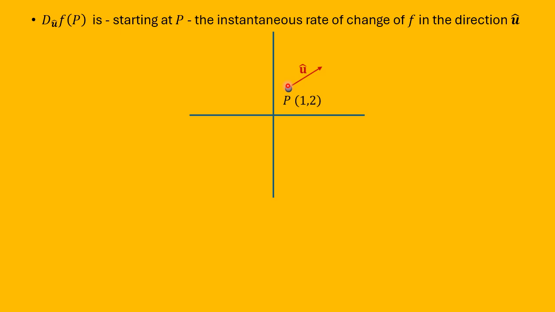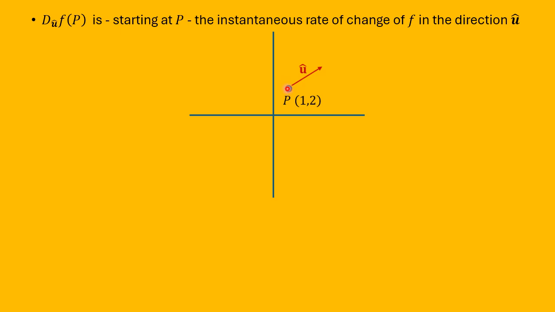And u hat is a unit vector which specifies this direction. So if you want to know how f changes starting at P and going in this direction specified by u hat, this directional derivative will give you that instantaneous rate of change.